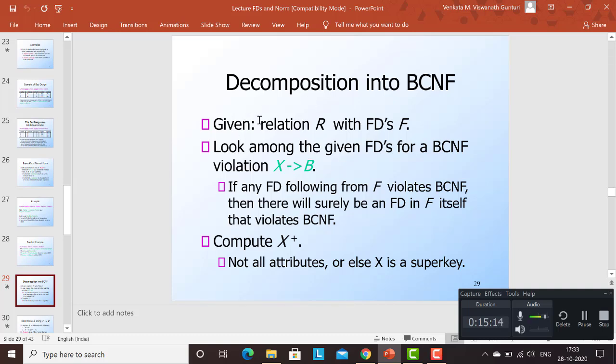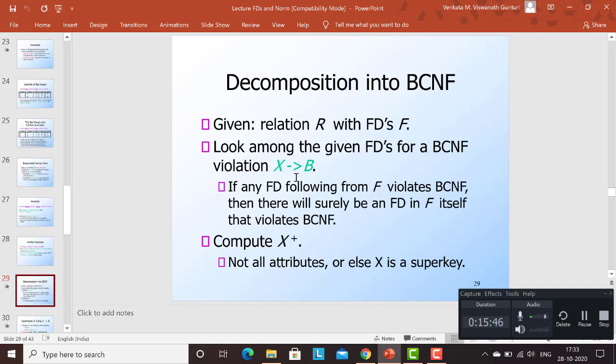So you are given a relation R, and some set of FDs which hold on this R. You first have to determine what are its keys, and there can be more than one key also, right? And then you keep going through this list of FDs F, and you catch an FD such that it violates the BCNF.